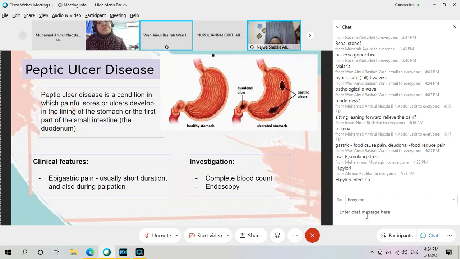Thus, the production, secretion of prostaglandin. And so prostaglandin in other parts is not welcome, but it is welcome in the stomach, kan? Kenapa? What is the function of prostaglandin in the stomach?